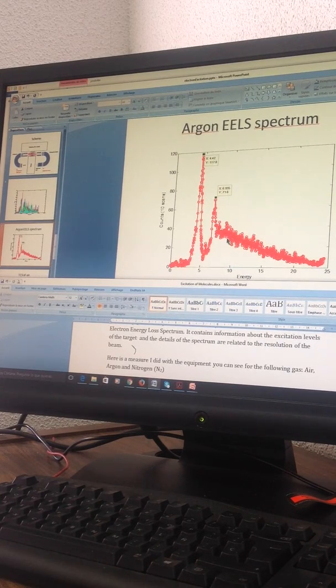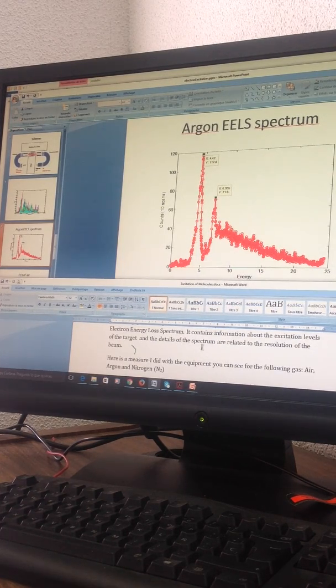If you want to know about the resolution of your system, you can use this structure here. If you analyze it and you can see details related, for example, to the vibrational excitation, which should be here between the ionization level and the elastic scattered beam, then you have a good resolution.